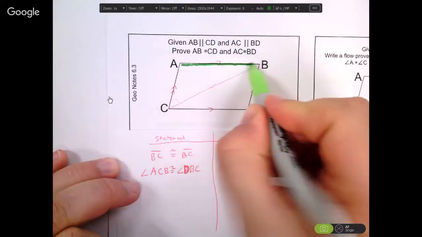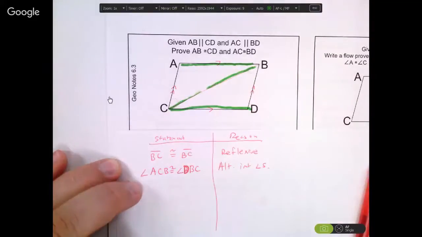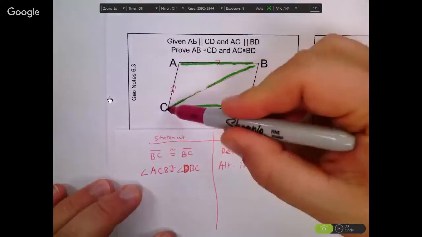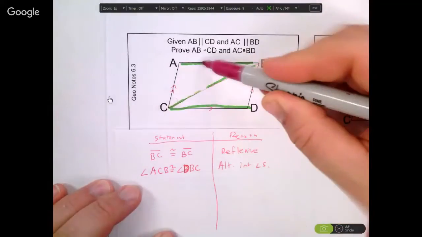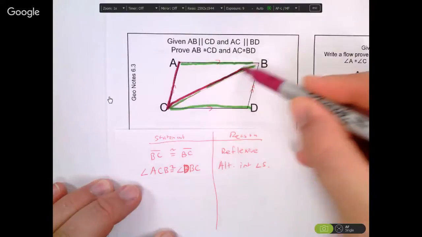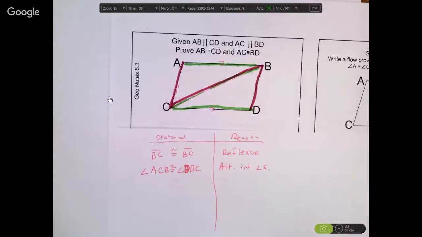A, B, C, and then you can turn the paper. I can't make a Z going this way, but I can make a Z going this way. And the only reason I'm allowed to make both those Z's is because I'm told that they're parallel.